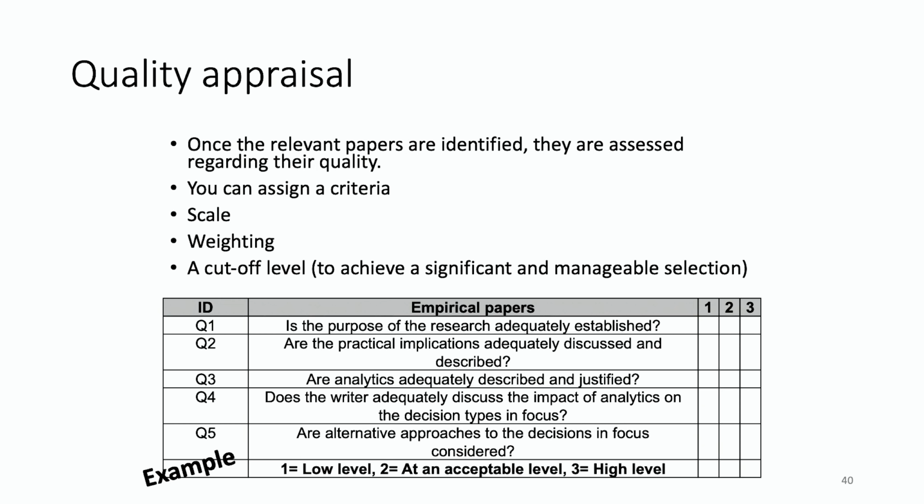You basically assess all the papers that you get against this set of criteria. For example, is the purpose adequately established? Is there a discussion and a description about the practical implication? This is relatively easy to answer. It's either there or not, and whether the paper dedicates enough attention to that or not.